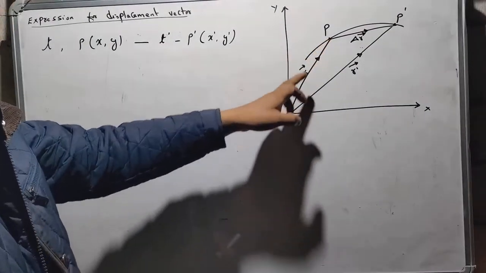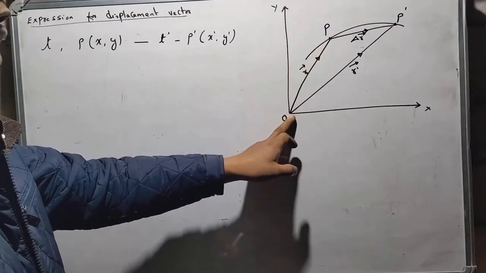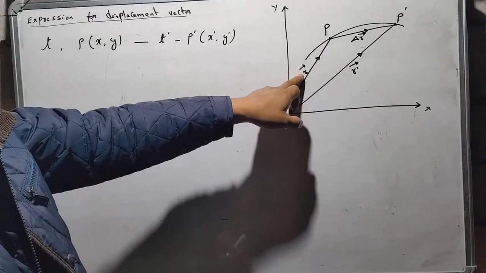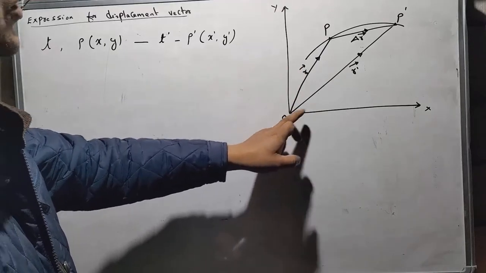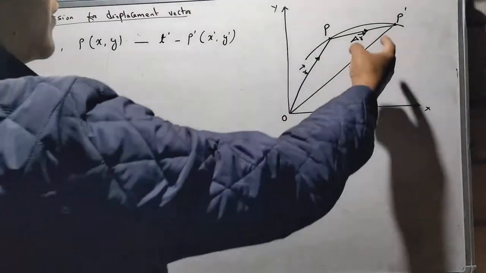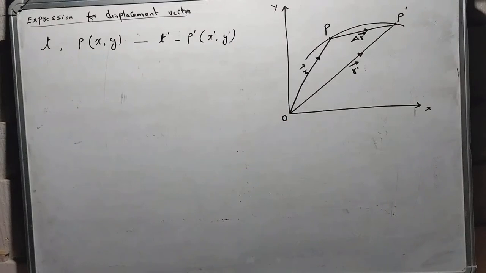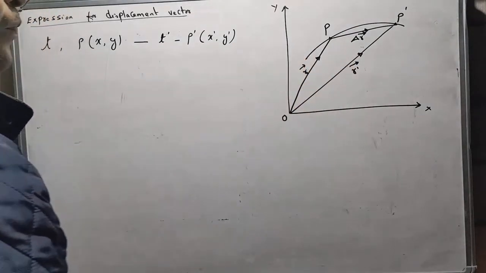OP here is the position vector of the point P with respect to the origin, and it is represented by the symbol R arrow. And this OP dash represents the position vector of the point P dash with respect to the origin, and we denote it as R dash.